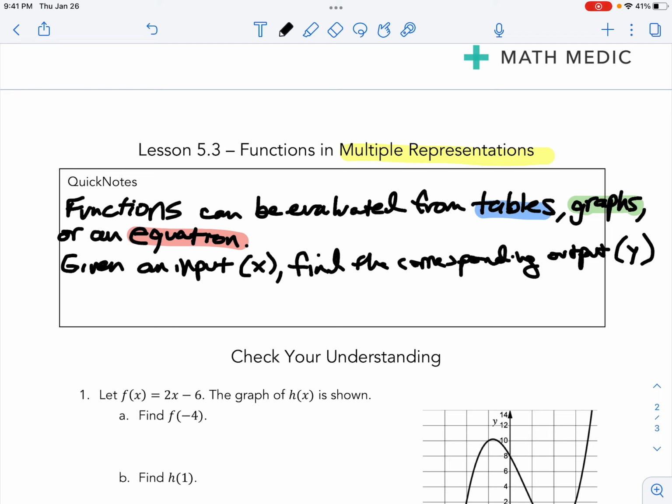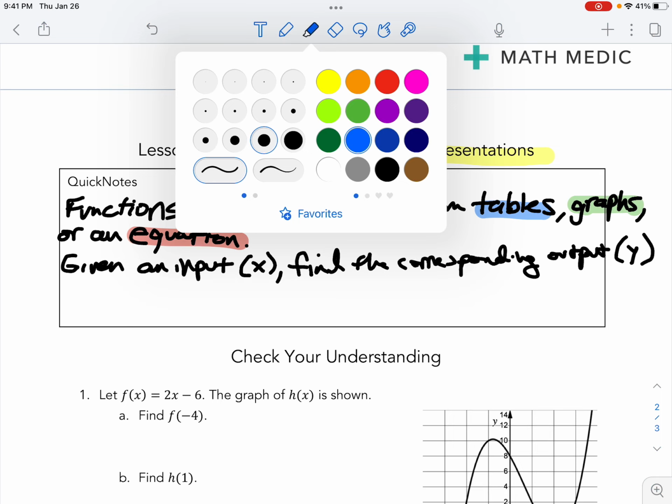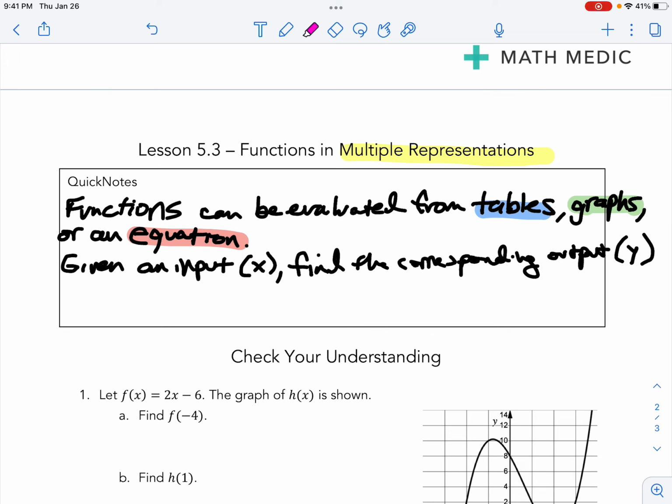Now, we've mentioned input and output, and what I want to do for a moment is talk about those phrases, because we're going to see some other additional things pop up in reference to this. When I see the phrase input, I want to make sure there's a connection there.